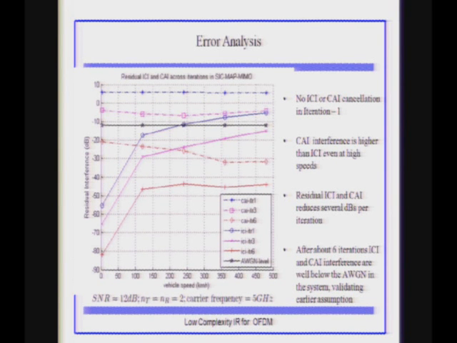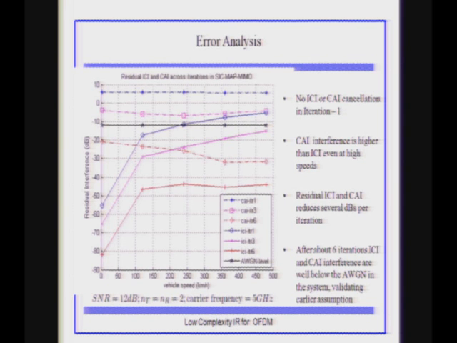Our scheme gets better and better as we have higher vehicular velocities because of the diversity gains that we discussed. So your mean and variance estimates are getting progressively better, so your cancellation becomes more and more effective, and that's where this goes down. So this is for 3 different iterations: 1, 3 and 6 iterations.